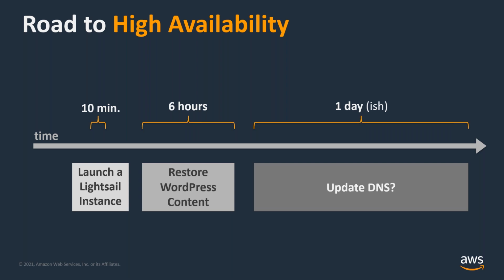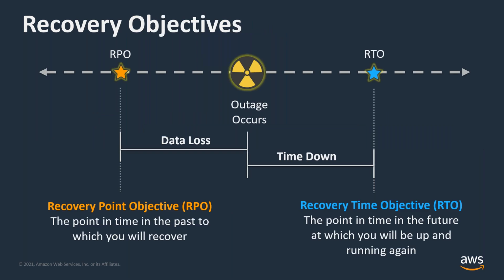So let's talk about our recovery objectives in this particular case. So looking back, our real goal is in achieving high availability, and looking at it from the perspective of restoring this instance, we can see that our RTO, or the recovery time objective, or the amount of time the system will be down, could potentially be on the order of days.